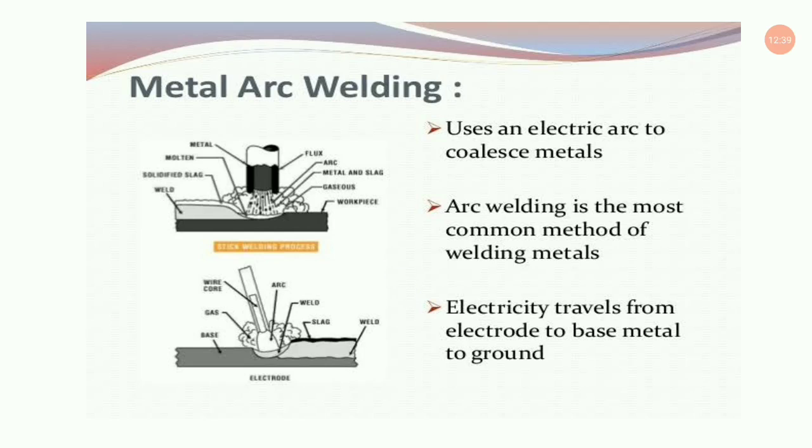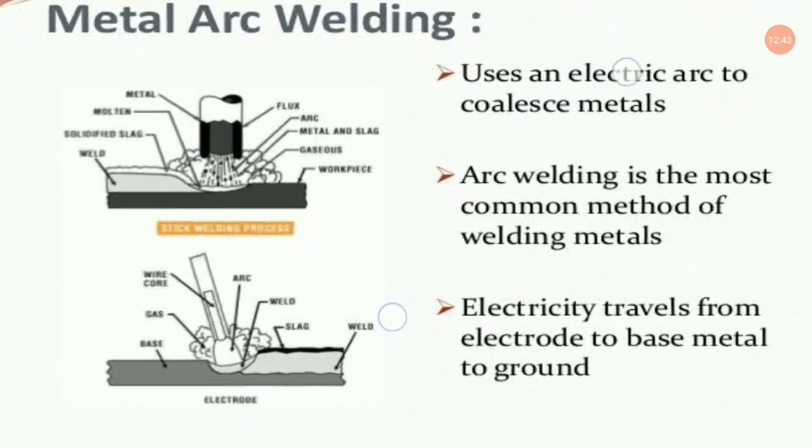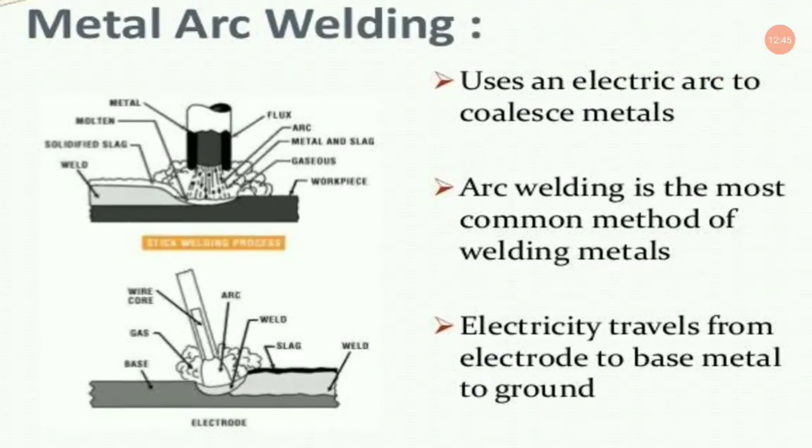Next is your metal arc welding process. Now in the picture you can see, metal arc welding is more or less similar to the manual metal arc welding or shielded metal arc welding, whatever you want to say. This is a basic arc welding process. Here also we are having the molten metal during the welding process, the spark generation.